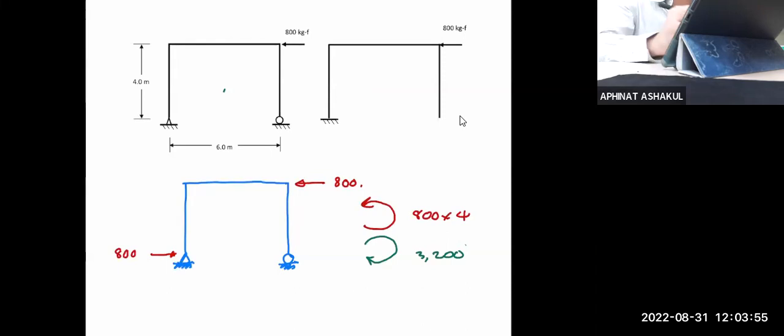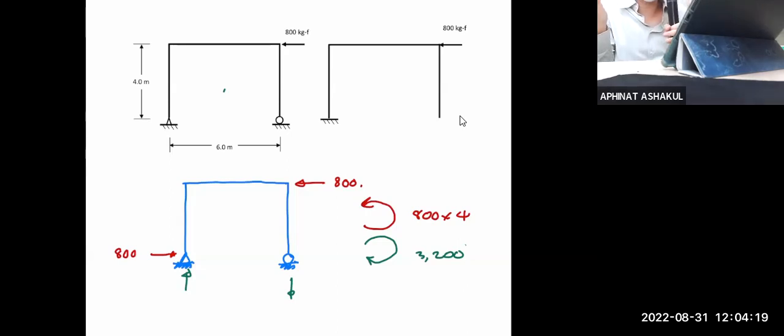But you also notice that there is no vertical force applied, meaning that in order to have this, you need to have a couple, right? Otherwise, you can never satisfy sigma Fy equal to 0.